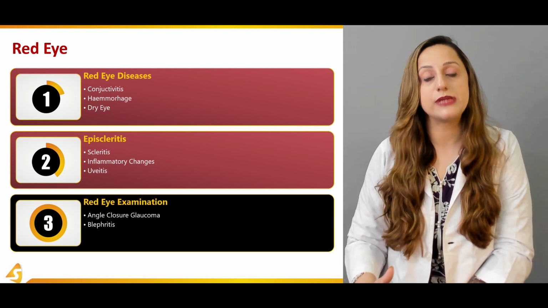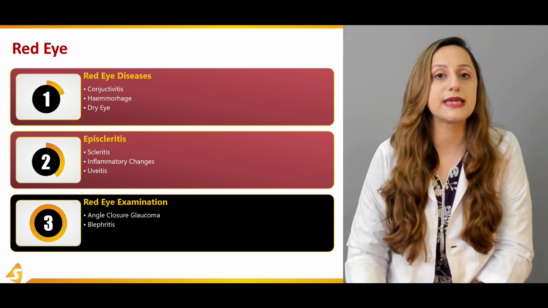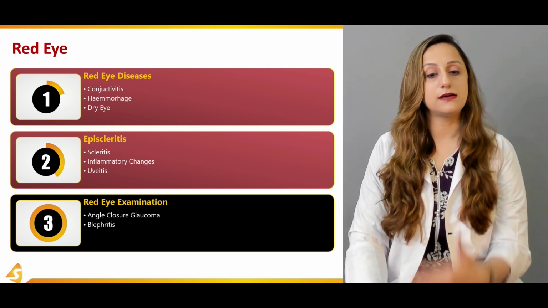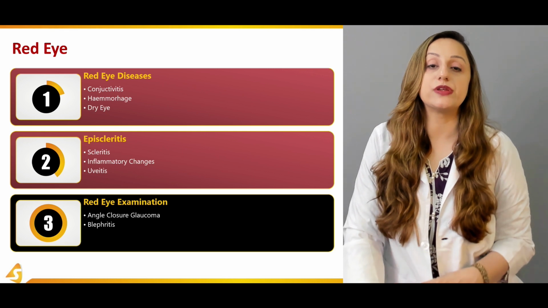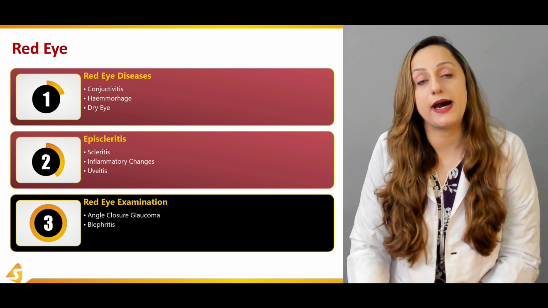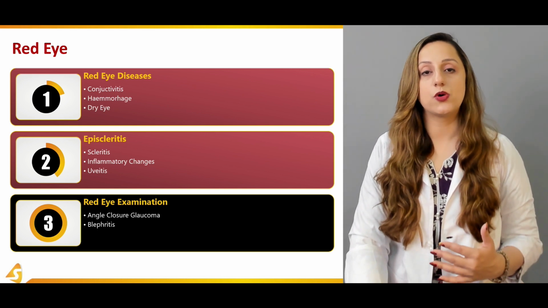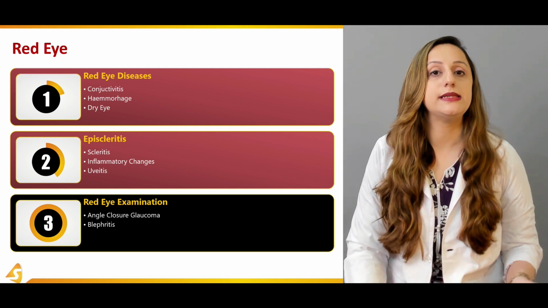For example, acute angle closure glaucoma can even present as redness of the eyes initially. So the final prognosis, or the final outcome, in cases of acute angle closure glaucoma basically depends upon an accurate diagnosis as early as possible.